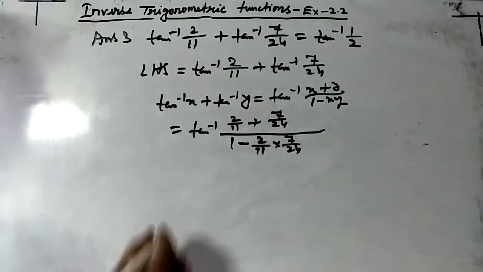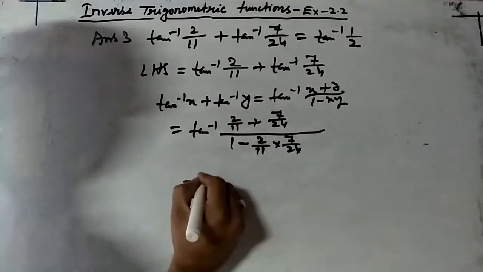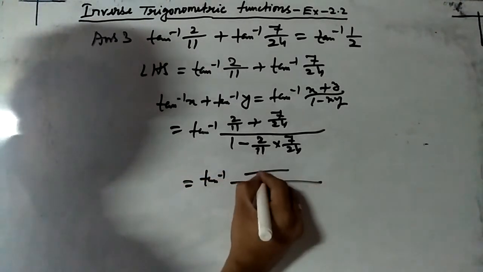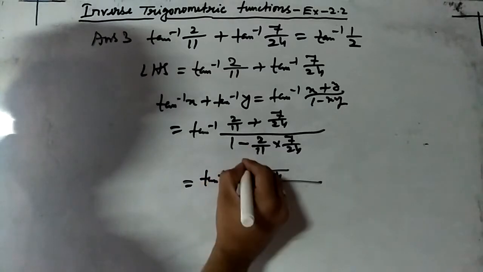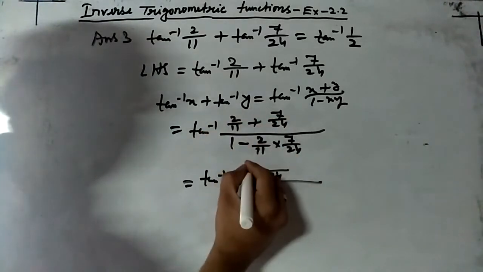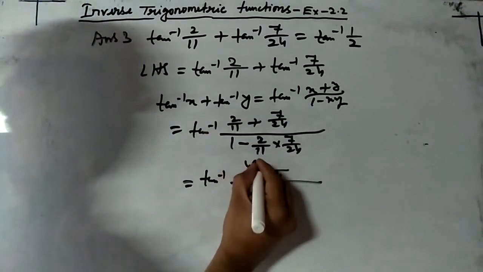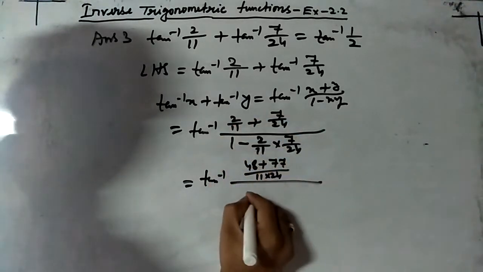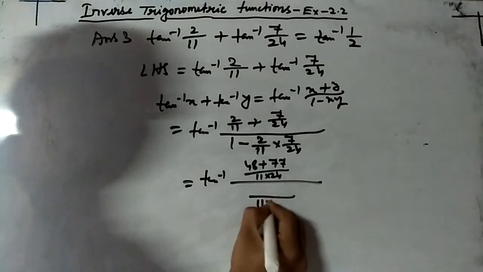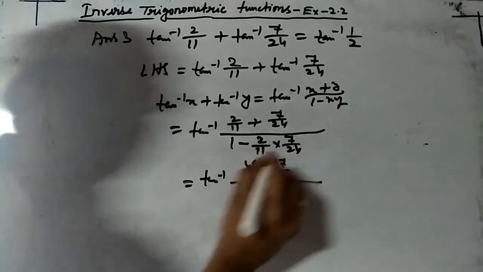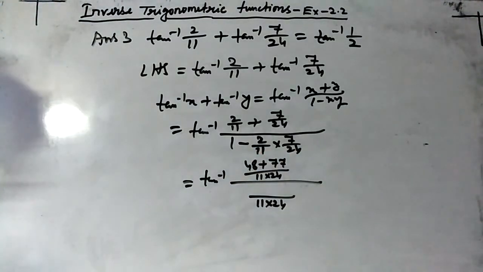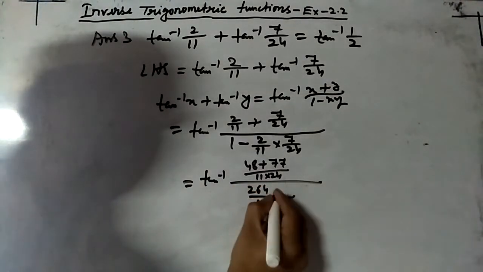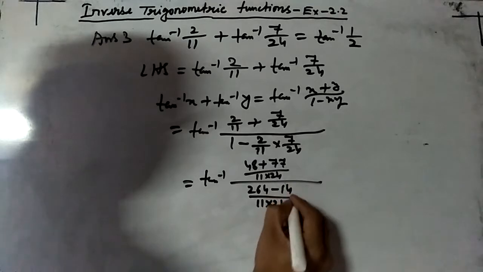Is it clear? Now take LCM. Tan inverse, the LCM will be 11 into 24. Here 2 into 24 is 48 plus 11 into 7 is 77, and here 11 into 24, if we multiply, we get 264, minus 14.